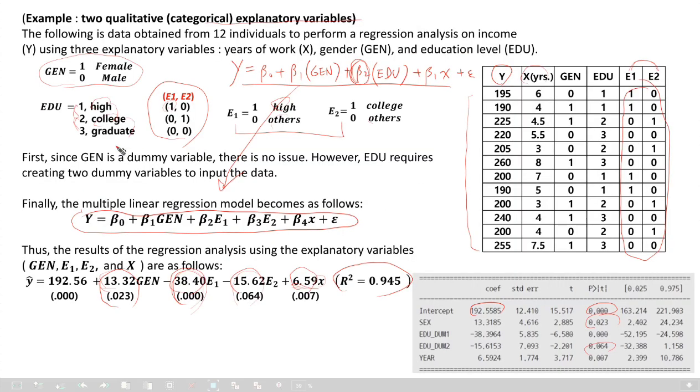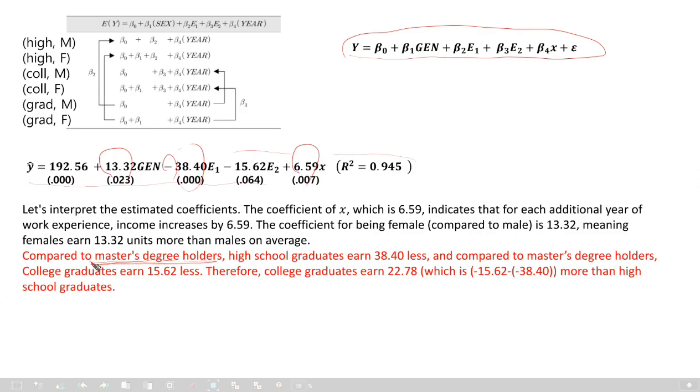See again here, graduate is 0, 0, and high school is 1, 0. So the coefficient beta 2 means that compared to graduate school, master's degree holders, high school graduates earn 38.4 less.